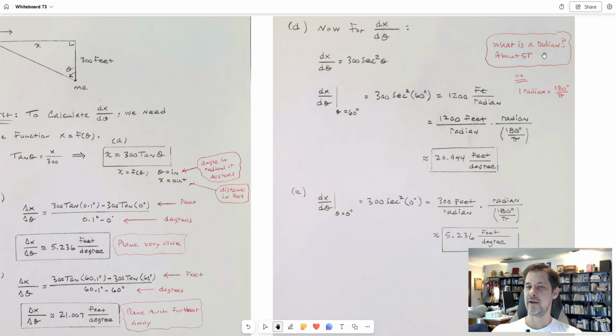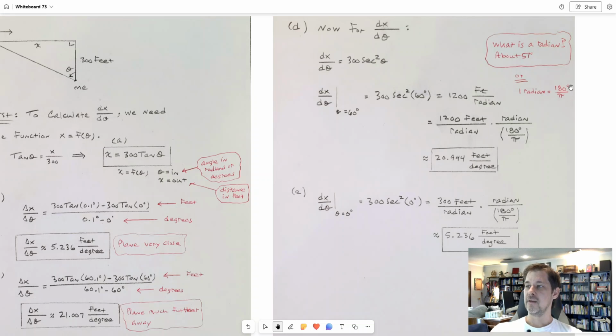I hope that you have, if you're in calculus. The simple answer is that it's an angle, and it's about 57 degrees. There's a more complicated answer, but that's an adequate one. A radian's a 57-degree angle. A little more sophisticated answer is that 1 radian is exactly 180 over pi degrees.